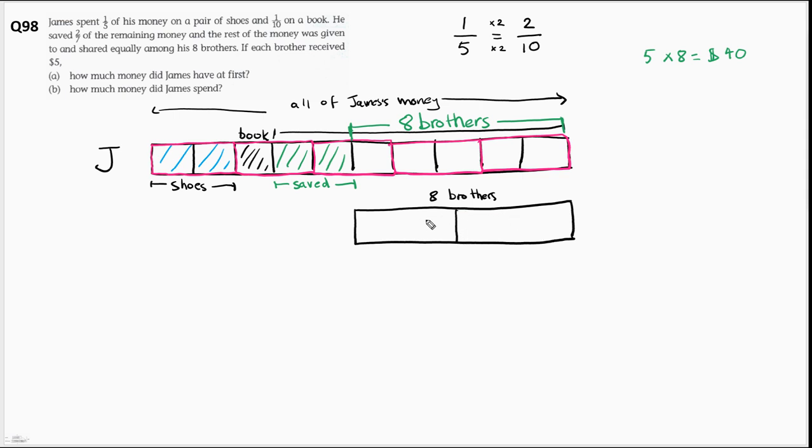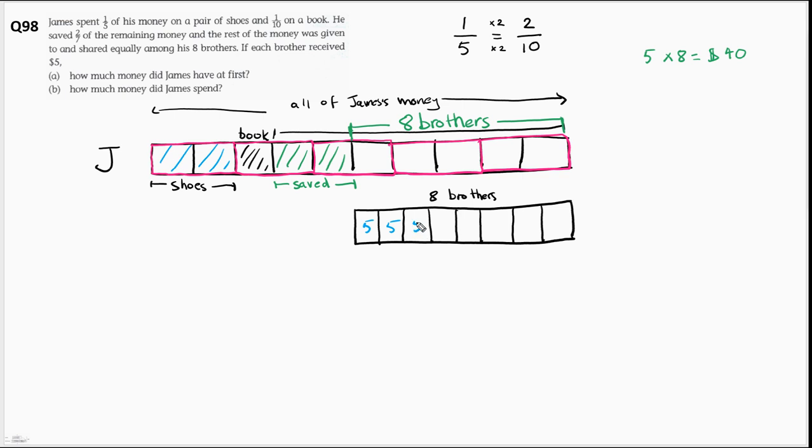That's easy to do because we can divide it into half, then half again, and then halves again. And we will have 1, 2, 3, 4, 5, 6, 7, 8 brothers. And we are told that each of them gets $5.